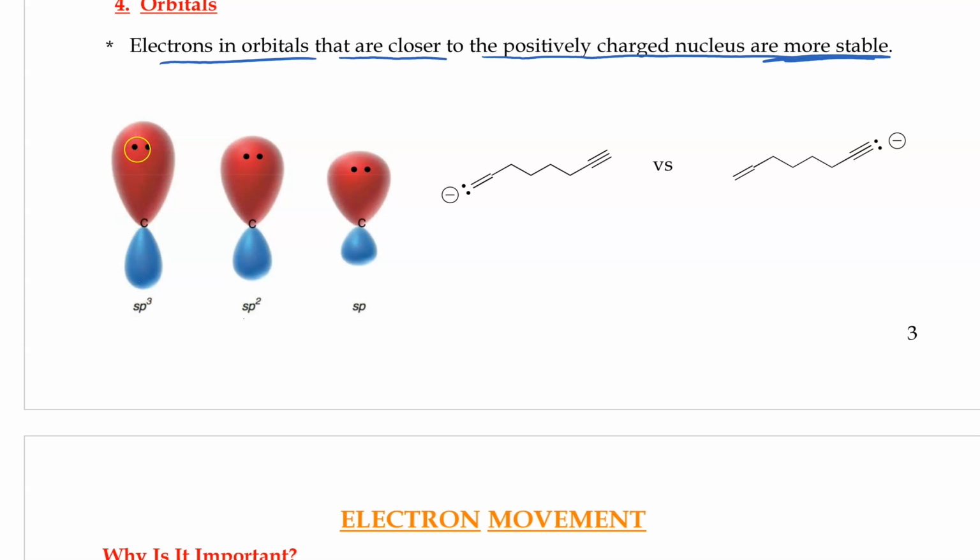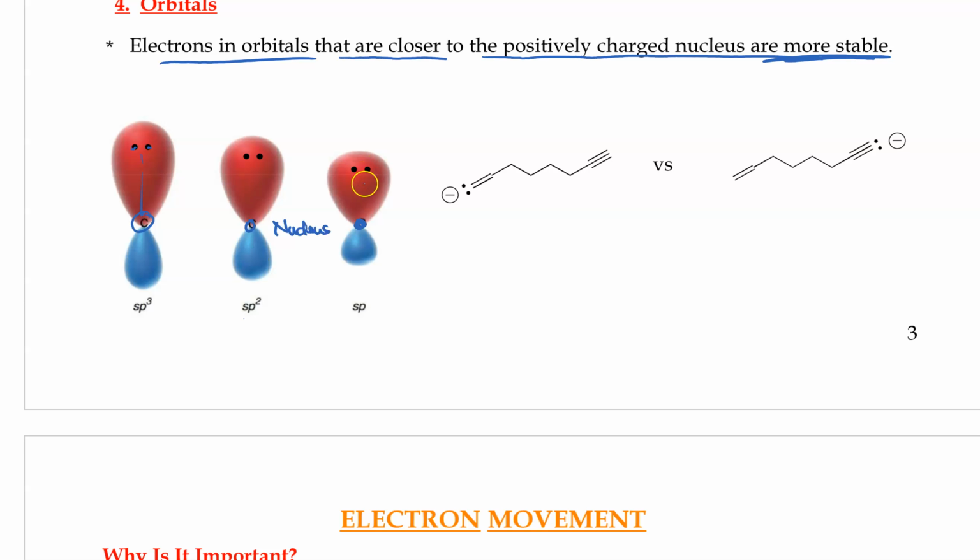So that means if we were to have an electron in an sp3 orbital, it will be further from the nucleus compared to electrons located in an sp orbital, because basically the node right here in the middle is where the nucleus would be.